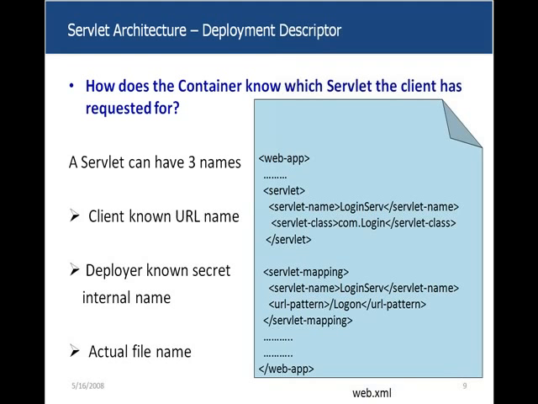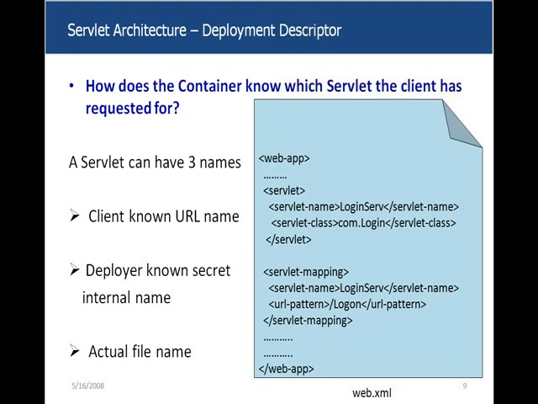There might be 5 or 6 servlets in my application which do different kinds of jobs. When a request comes in to the web server, how will the web container know which servlet can serve it? Take the example where you went to yahoo.com, entered your username and password and sent the request to the server.